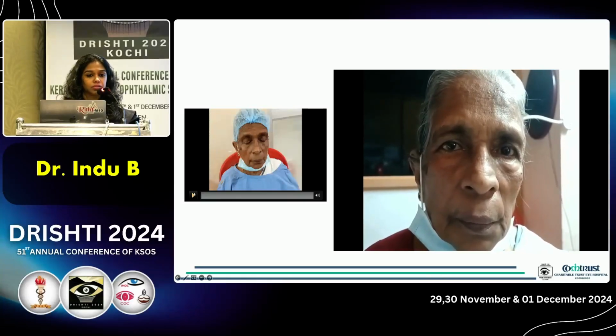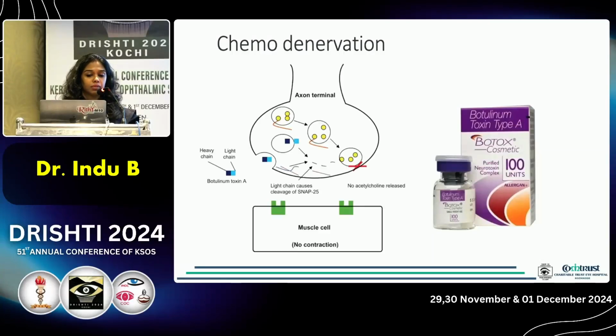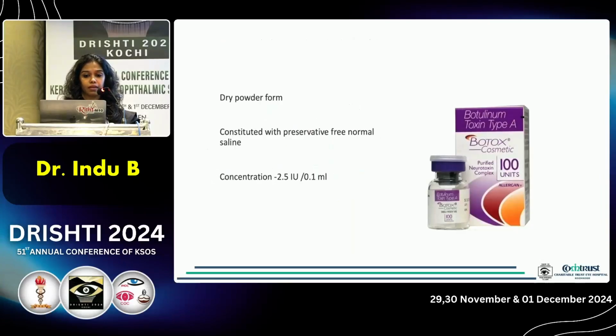So what is the wonder drug? All of us know it is botulinum toxin. Botulinum toxin type A is an exotoxin, and it acts by the mechanism of chemodenervation. It acts at the neuromuscular junction and blocks the release of acetylcholine. It's commonly available in dry powder form, and it's constituted with preservative-free normal saline.